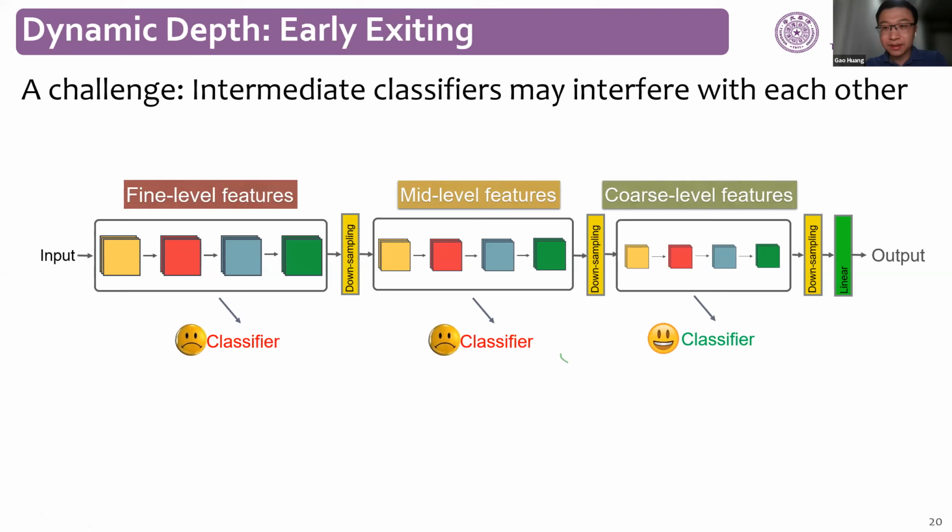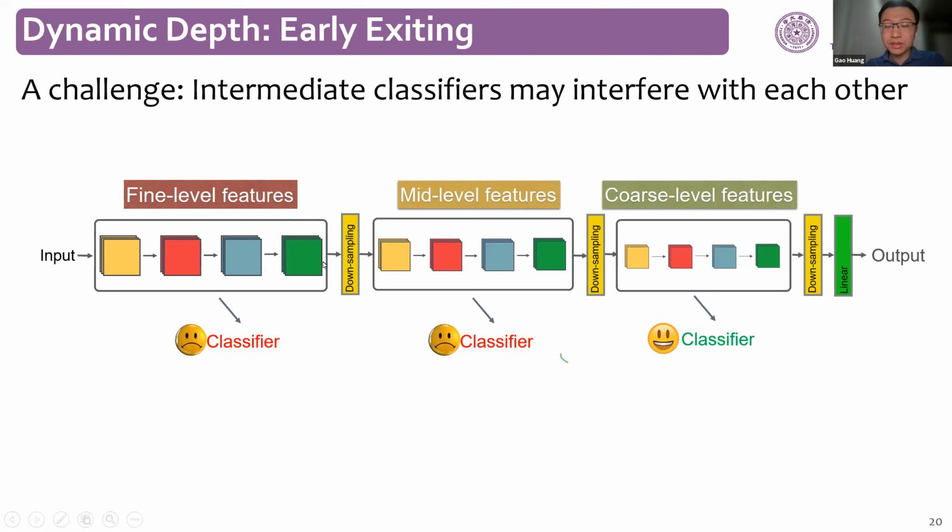Another reason is that the receptive field is relatively small in those shallow layers, because the downsampling layers are the key factors that augment the receptive field, since they can enlarge it exponentially.